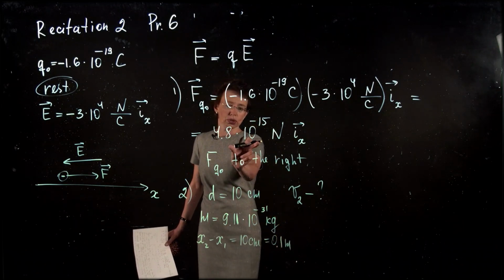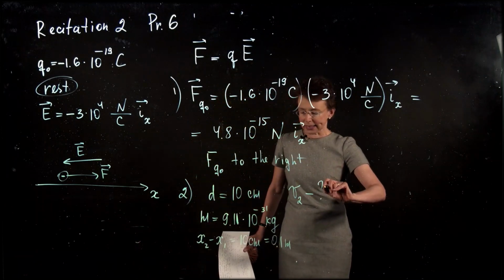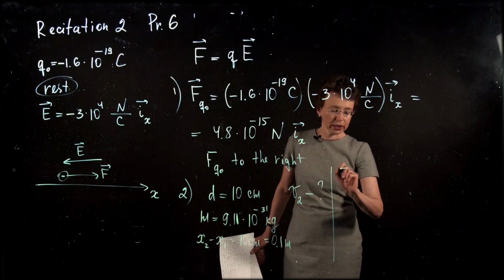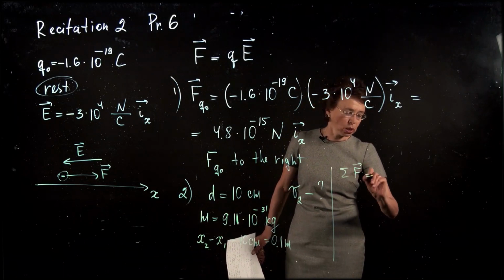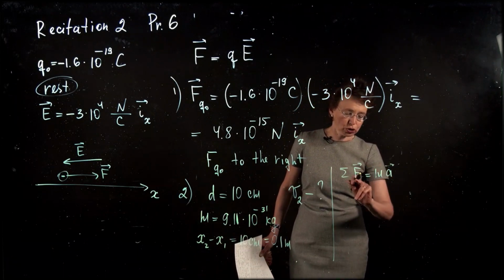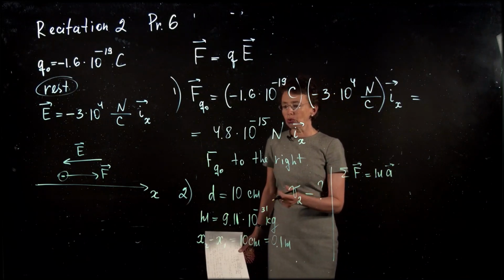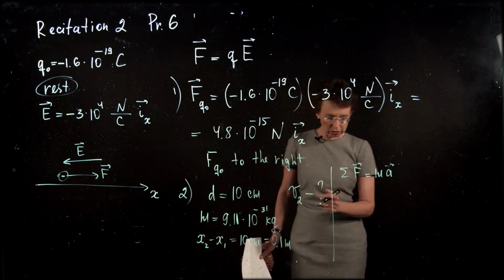Force is constant, which means that acceleration is constant. I use the second law, net force is ma. So force is constant, acceleration is constant, which means that I can use formulas for constant acceleration.